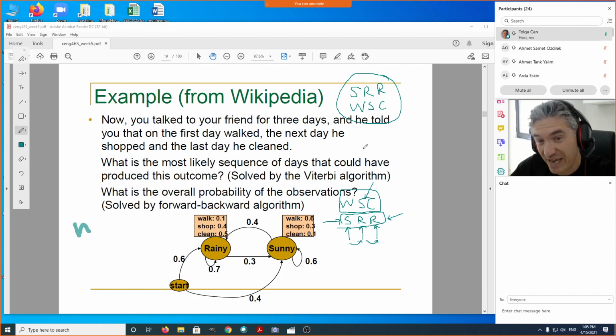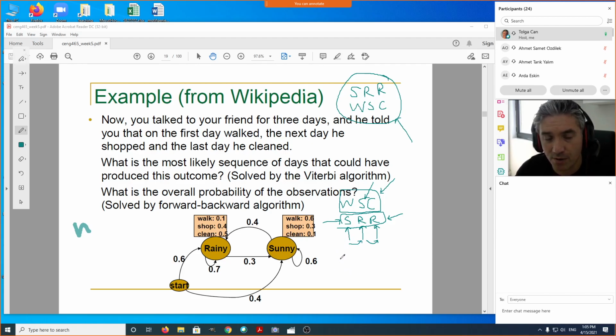This is already fixed, but it could have been sunny, rainy, and we could have shopped, cleaned. Okay, that's also in the sample space. But the probability associated with the specific single outcome is this.